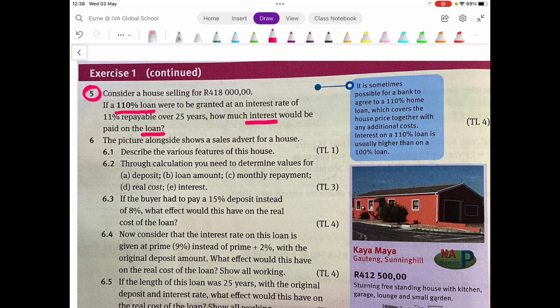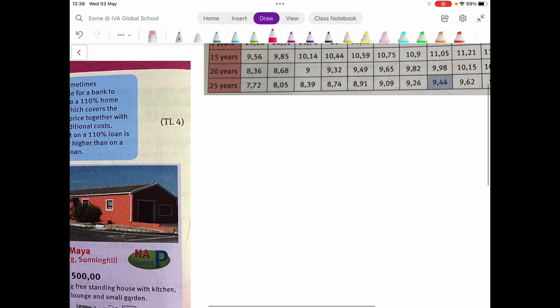So again, we are having a look at the loan, and the house is selling for that price. The loan is going to be 110%, so that's the first thing we need to work out. So the price was $418,000, and you are going to multiply by 110%.